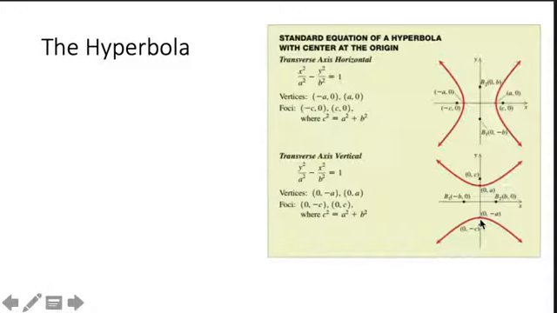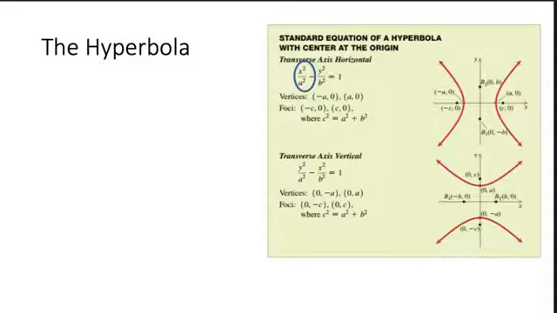What I want you to notice is how we determine if our hyperbola opens to the left or right, or up and down. So I want you to pay attention to the actual equations. And the way you determine that is really pretty simple. It's whatever variable is written first.